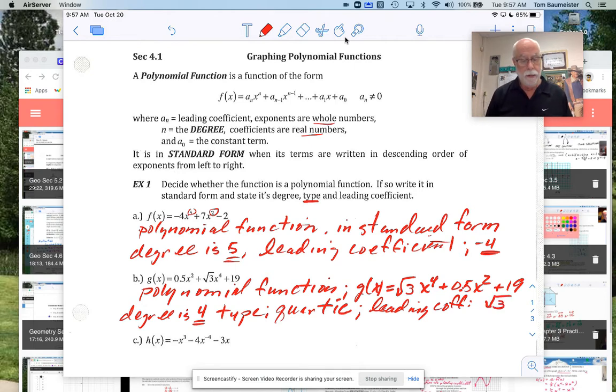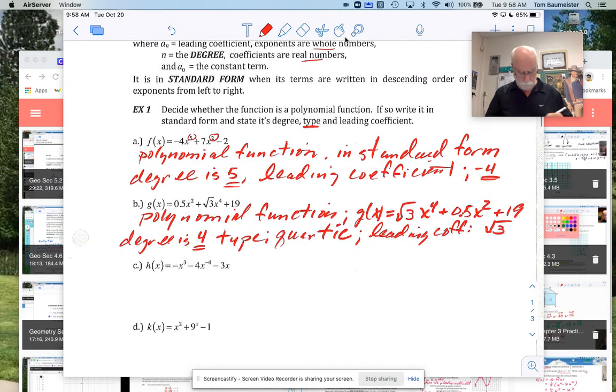Let's see, number for C, we have negative 4 right there. Is that a whole number? No, it's a negative number. So we would say not a polynomial function.